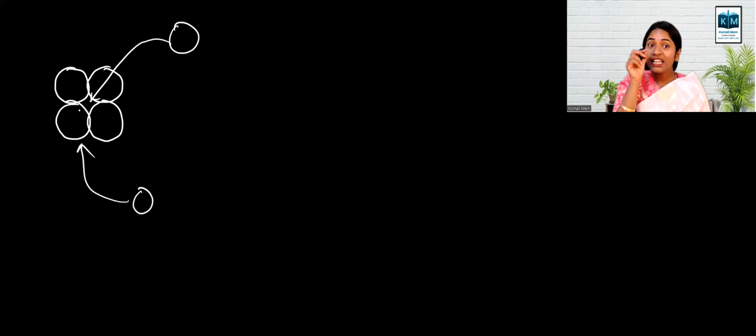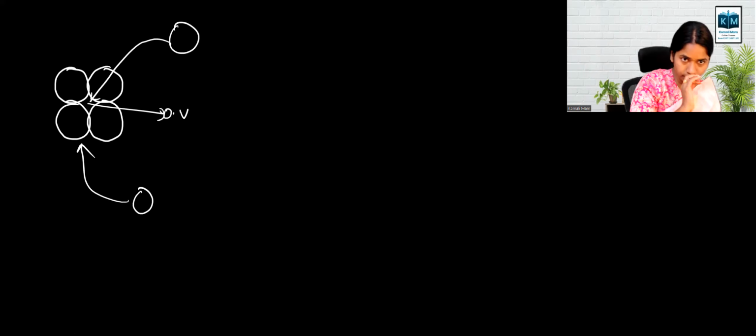Now, put one atom on the top of this void, one atom down of this, so that this empty space is in contact with 6 other atoms. So, it is an octahedral void.